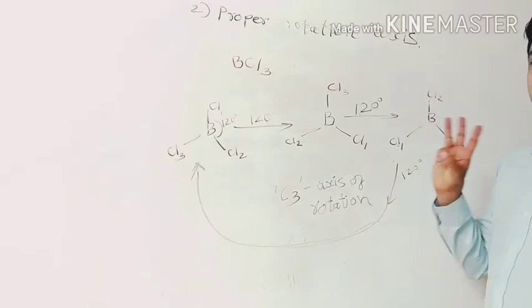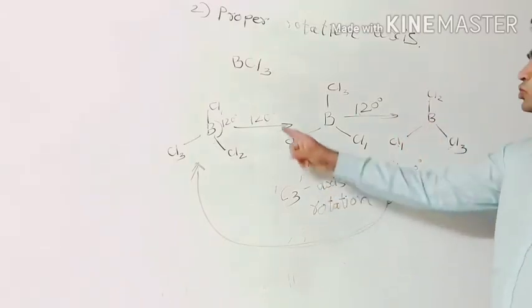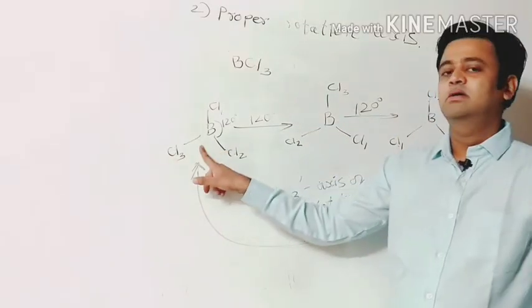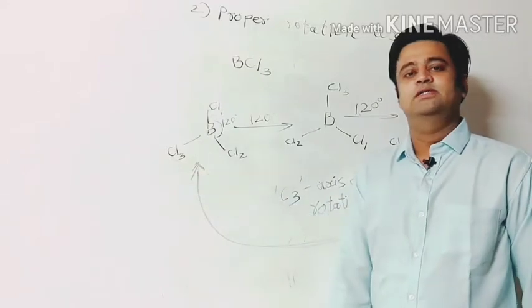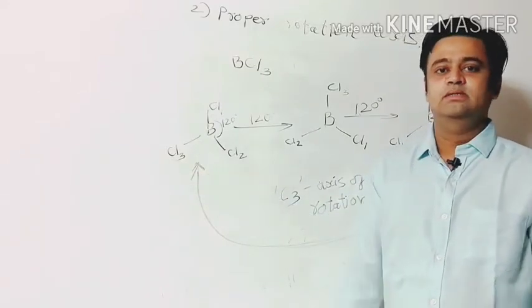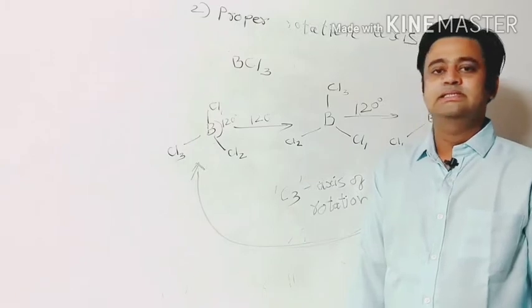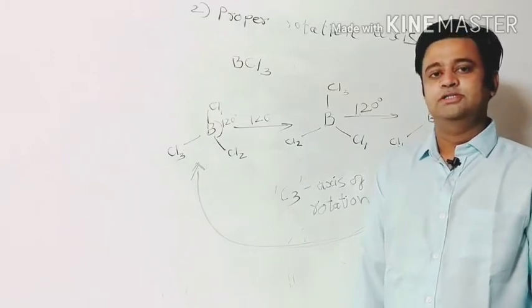Why? Because we have rotated 3 times to get identical configuration. Therefore, BCl3 possesses C3 axis.